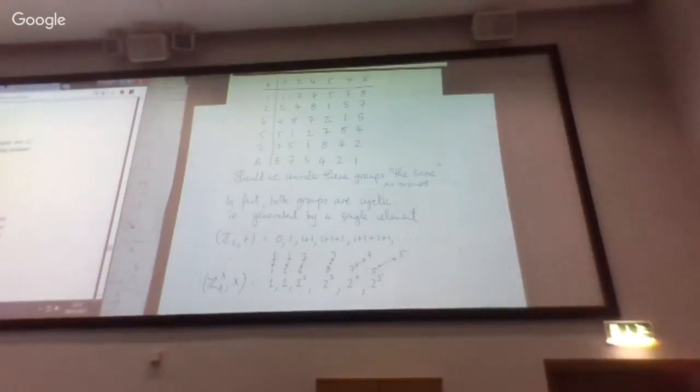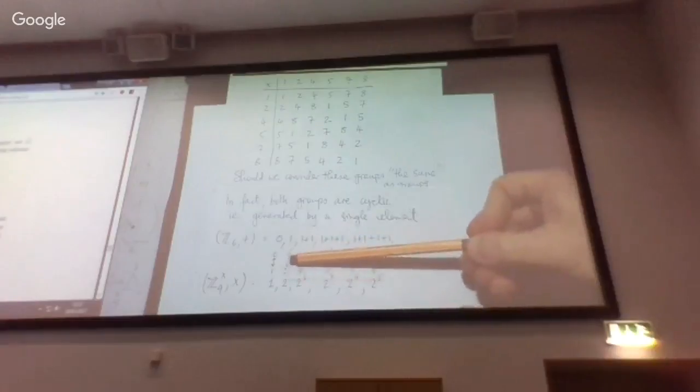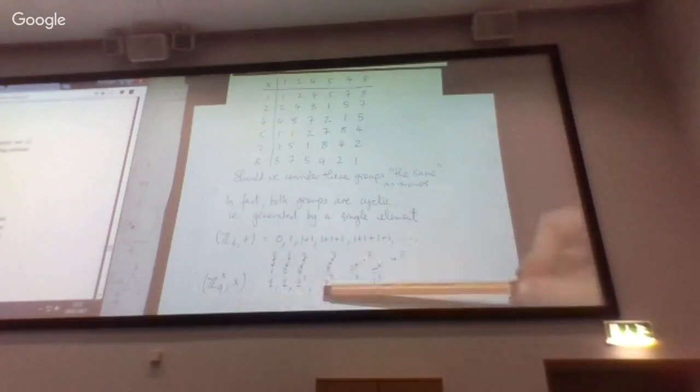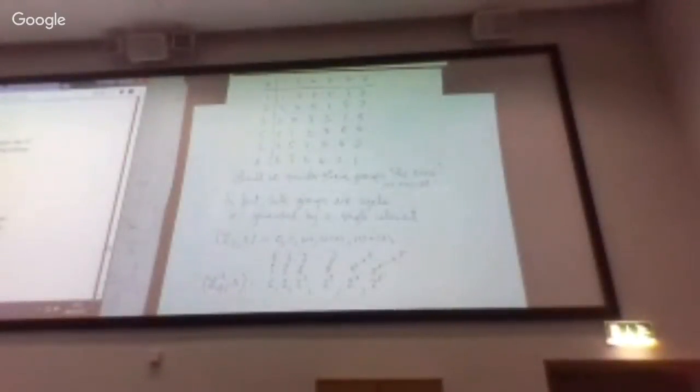The two Cayley tables: if you relabel everything in the Cayley table for Z6 by its corresponding element from Z9 under this assignment, the Cayley table for Z6 transforms into the Cayley table for Z9. So really, group theory considers those two groups to be the same.